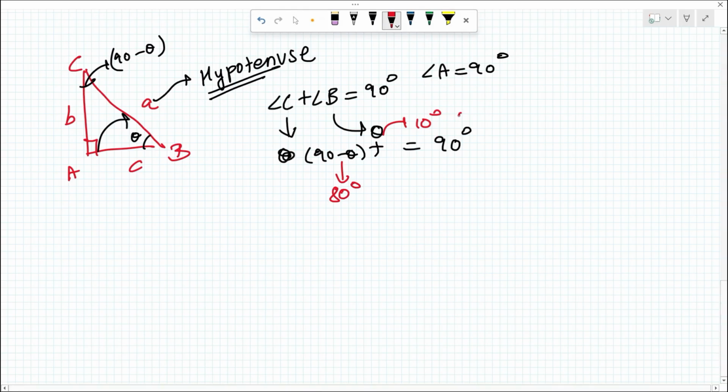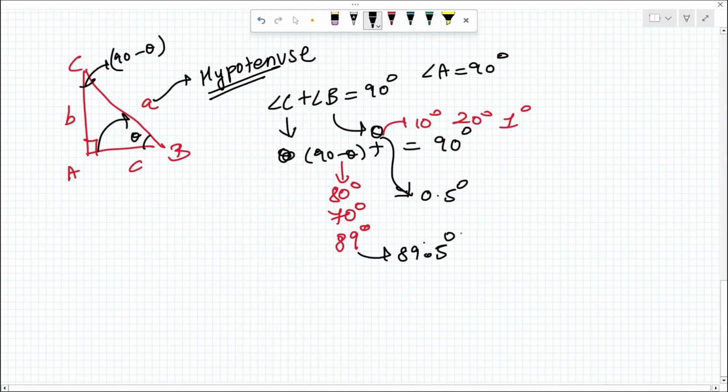If theta is 20 degrees, 90 minus theta is 70 degrees. If theta is just 1 degree, then this is 89 degrees. Even if theta is very small, let's say 0.5 degrees, this is 89.5 degrees, but 90 minus theta is always less than 90 degrees.